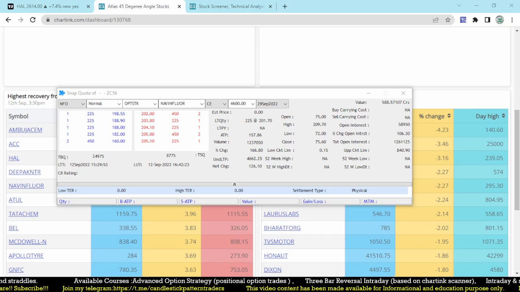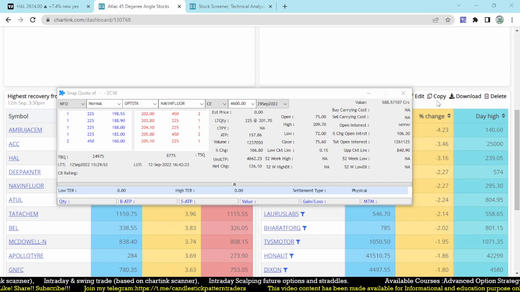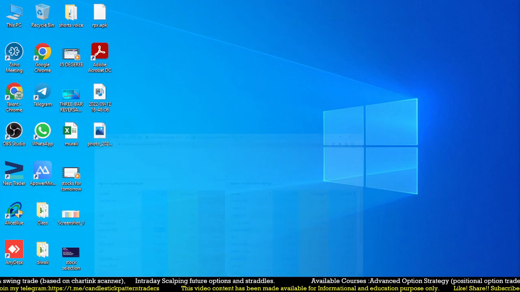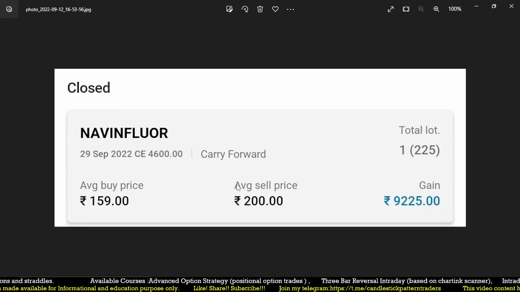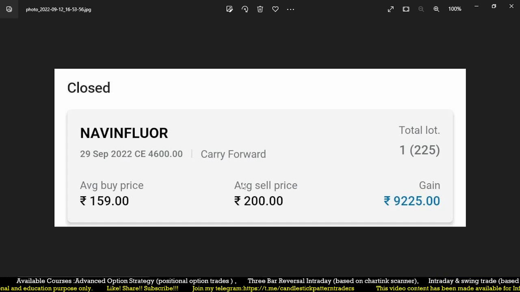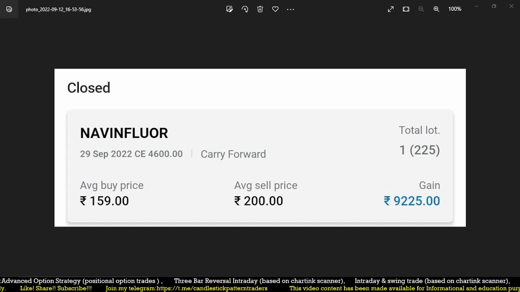That 4,600 call option was trading around 160, and I bought it. Sometime later it went up to around 200, yes, 159 to 200, and it made a high around 209, I think.